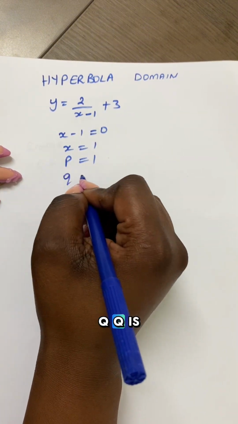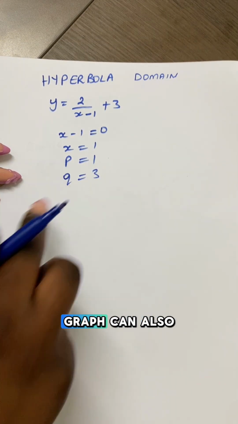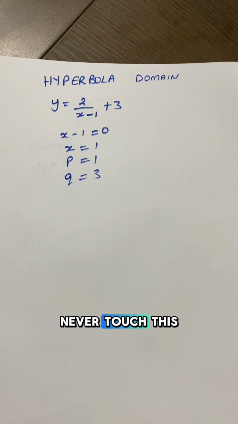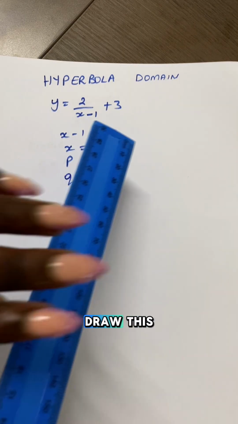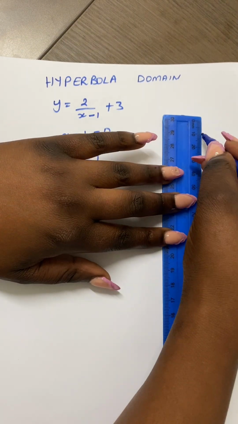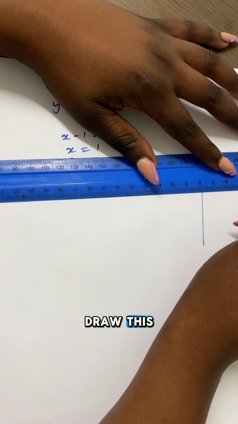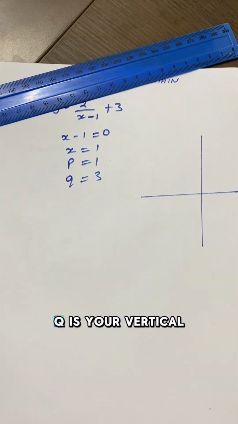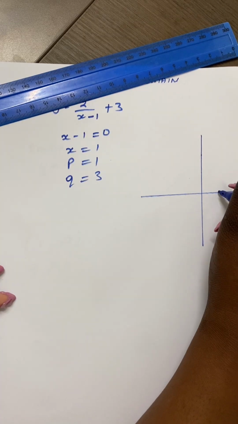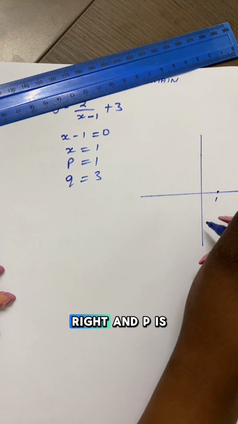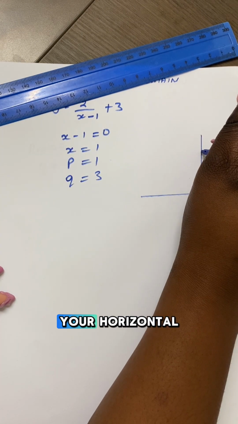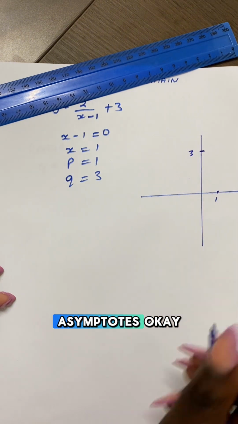And what is your q? q is equal to 3. It means that the graph can also never touch this line. If you were to draw this, these are your asymptotes.